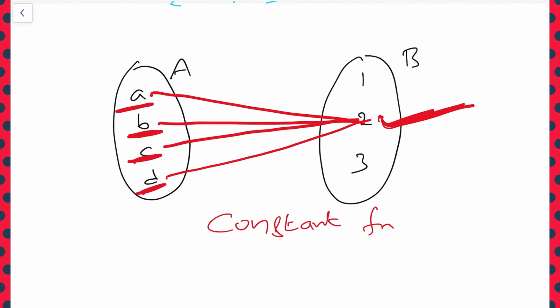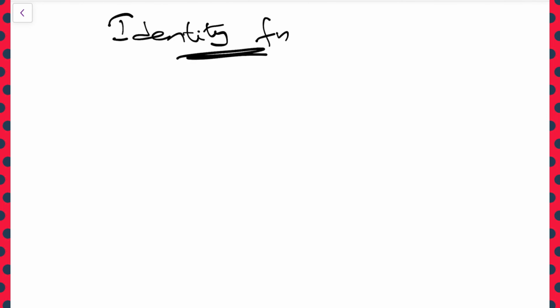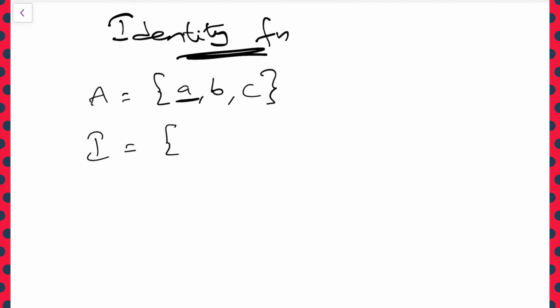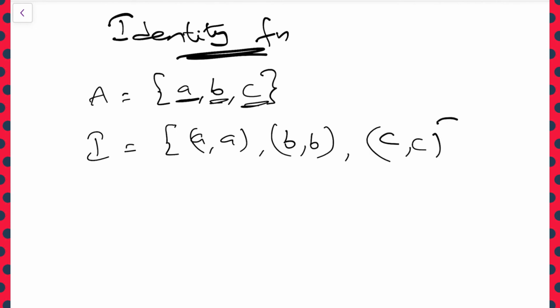Next, he is speaking about the identity function. What is an identity function? An identity function is nothing but the same element. We need to write it as x coordinate as well as y coordinate. For example, if we have a set A {a, b, c}, if we write the function by taking the first element (a, a), the second element (b, b), the third element (c, c), then this kind of function is called an identity function.